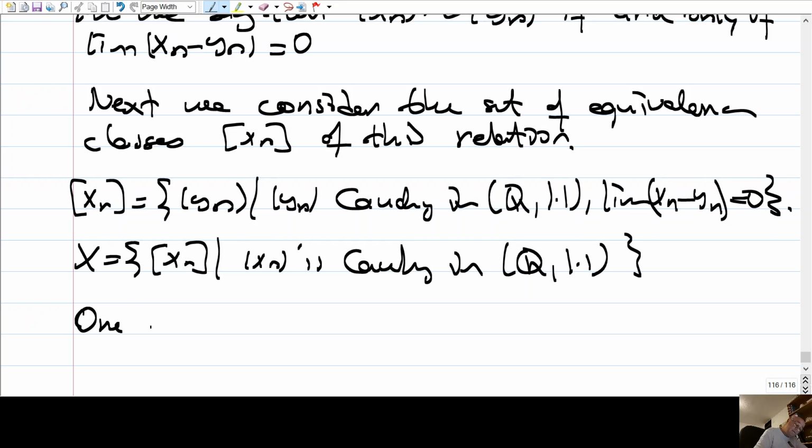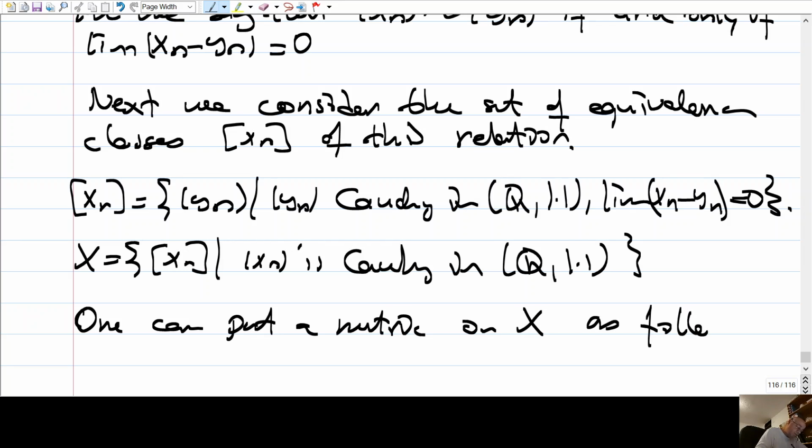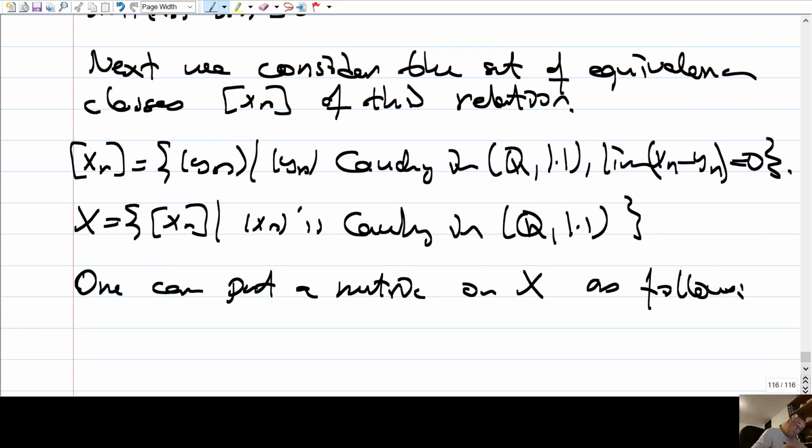One can put a metric on X as follows. How would you take the distance between two equivalence classes?